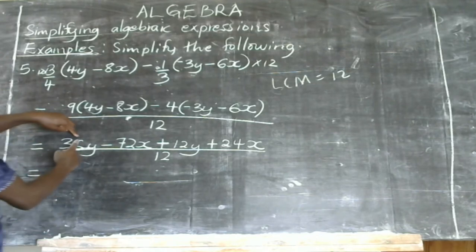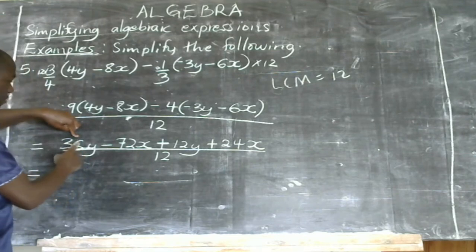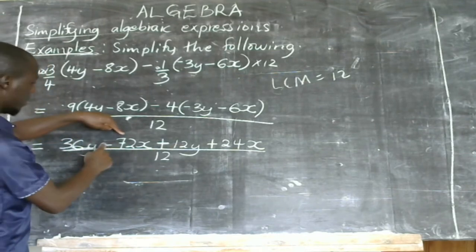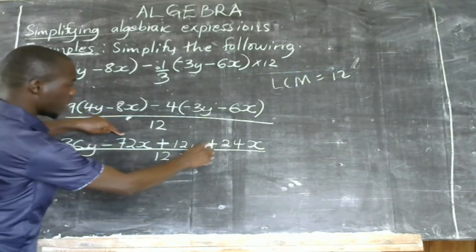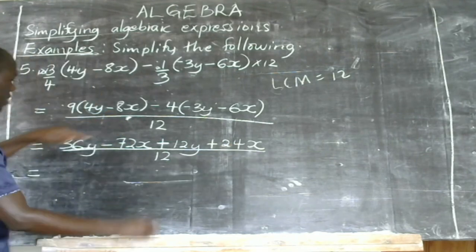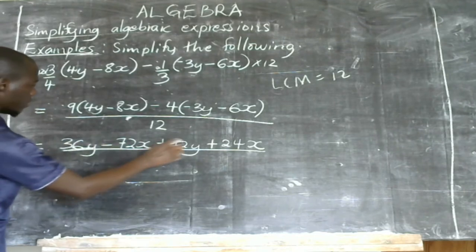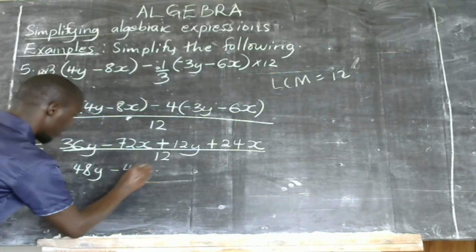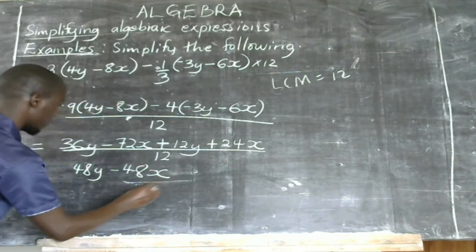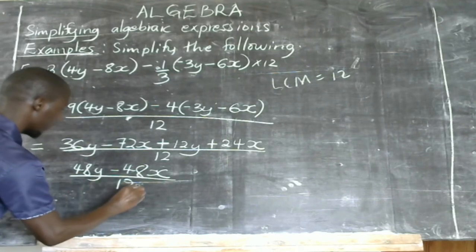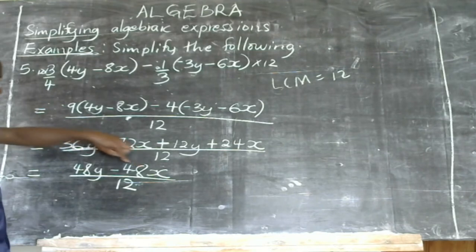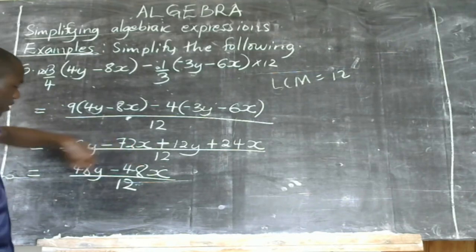Now, looking at the like terms, 36y plus 12y, and then negative 72x plus 24x there. So when I add this to that, I have 48y, then minus 48x divided by the 12. Now in the numerator, there is a factor of 48.